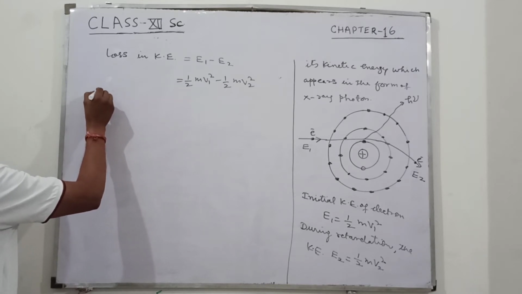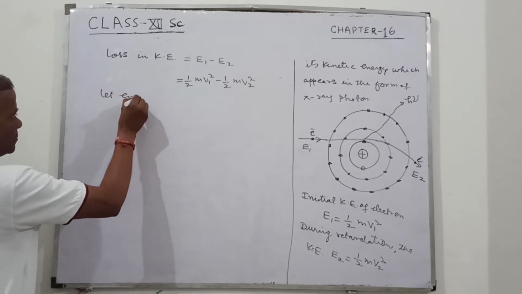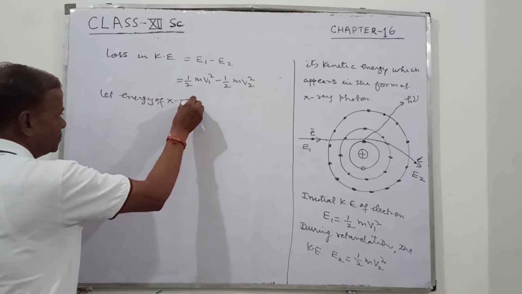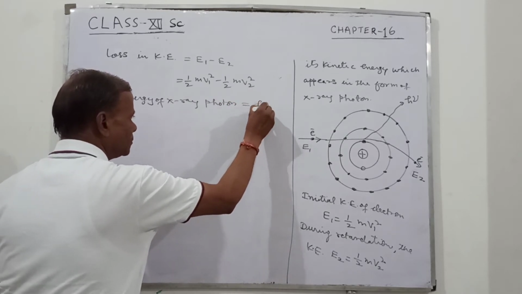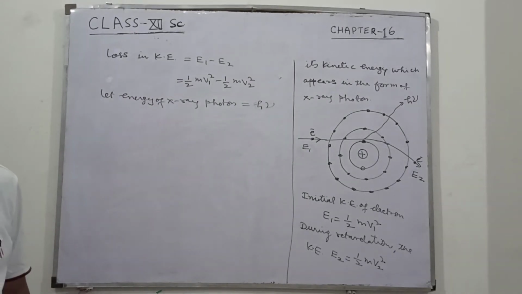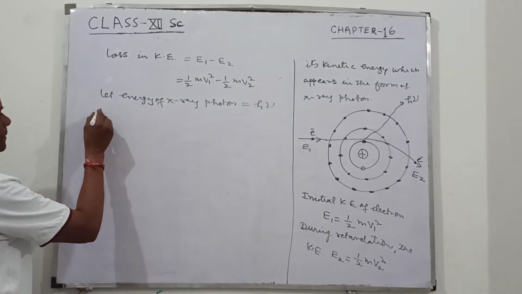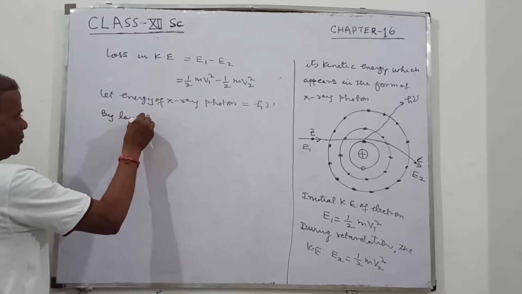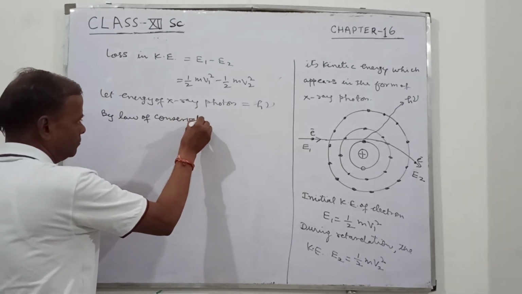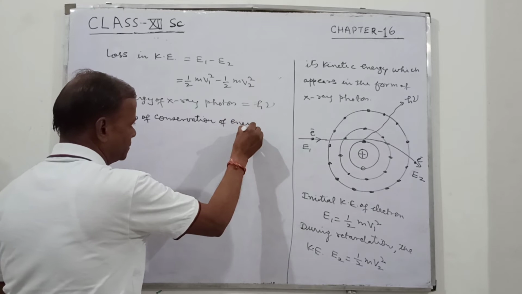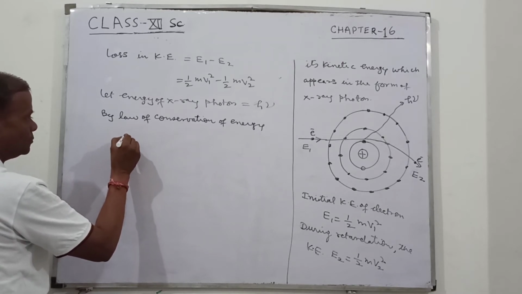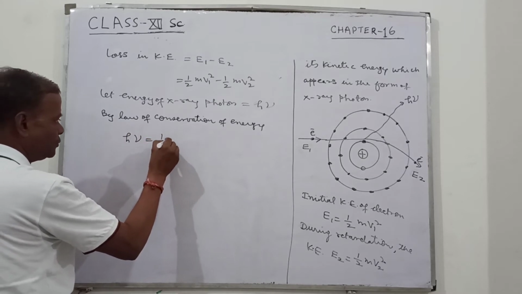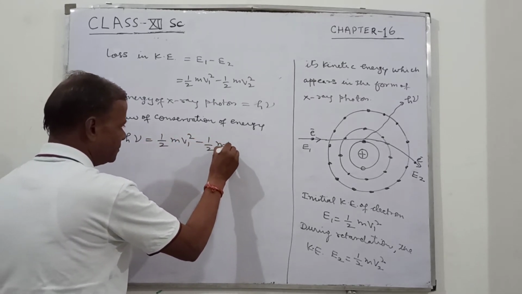And let the energy of the X-ray photon be equal to h nu. So by the law of conservation of energy, h nu is equal to half m v1 square minus half m v2 square.